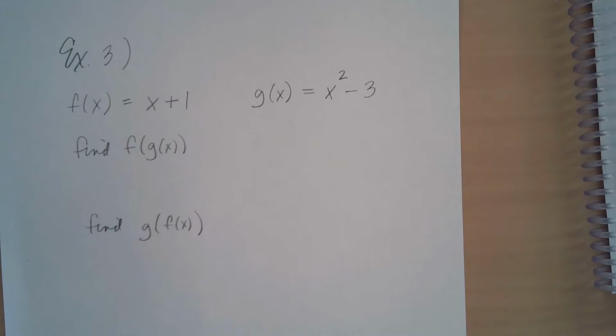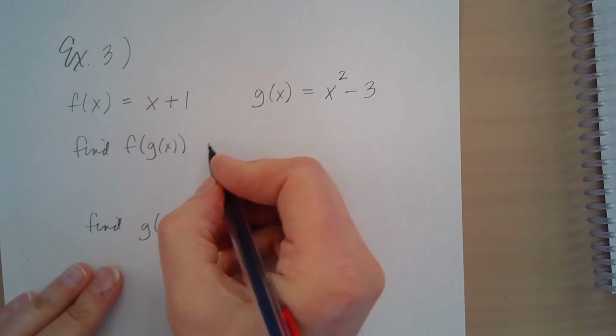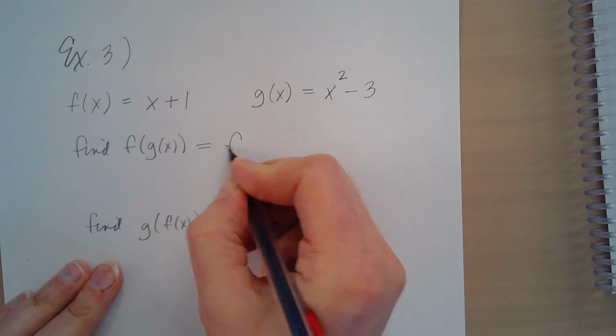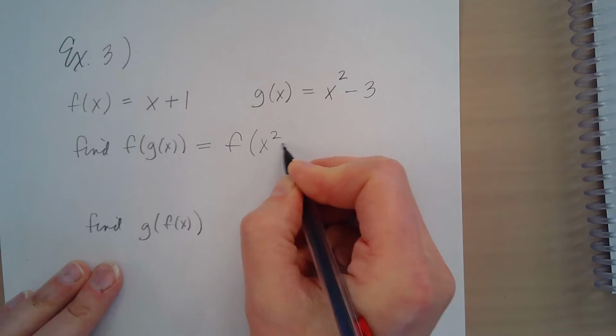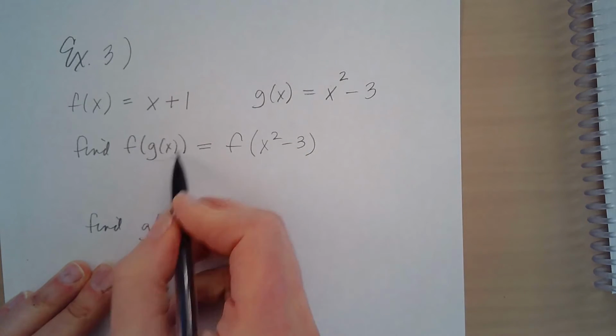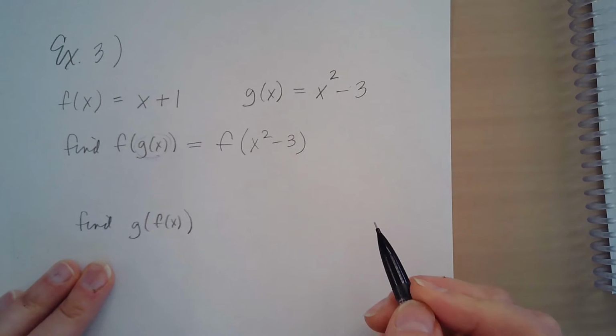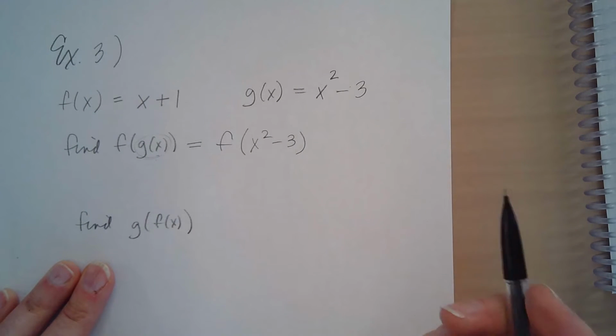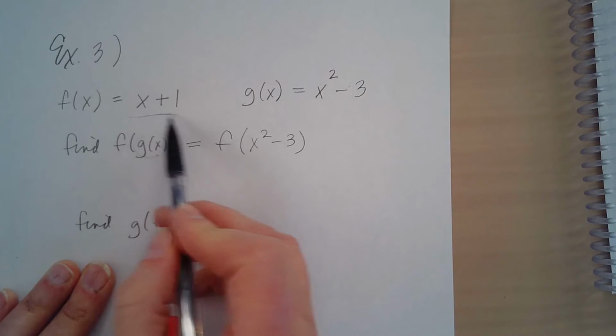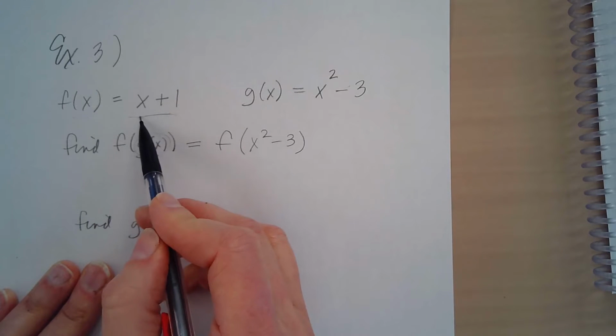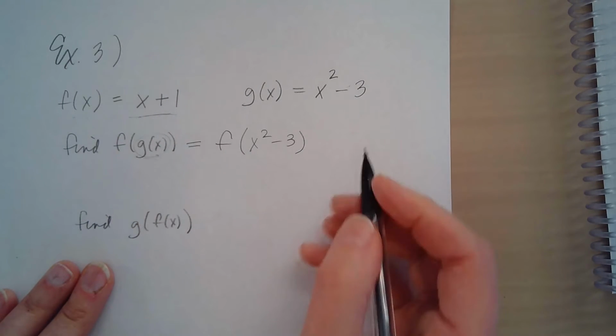So first I replace the inside, and g of x, there's nothing more I can do. G of x is just x squared minus 3, right? So this is going to be f of x squared minus 3, right? I just replaced g of x with its statement. Now what f is telling me to do is, whatever x is, I add 1.